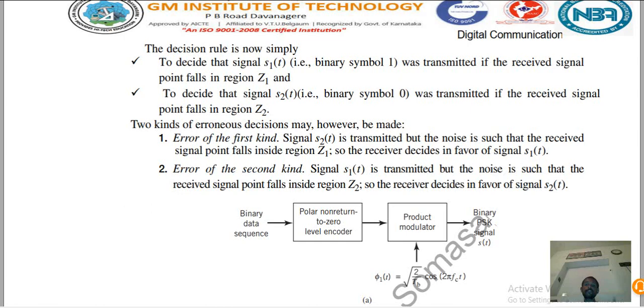What we transmitted is 0, but it is considered as 1. So this is the first kind of error.